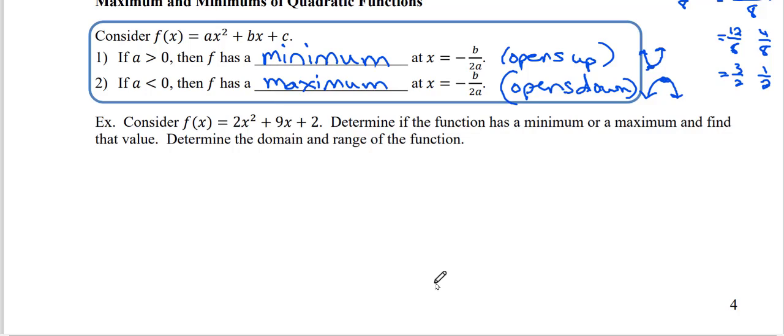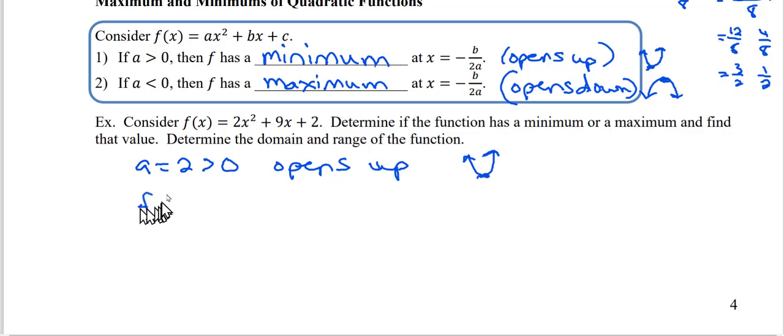The first thing I notice here is that a equals 2, being a positive number, means this parabola opens up. And if it opens up, you're going to have a minimum value there. So this parabola, f of x, has a minimum. Let's see where that minimum is.